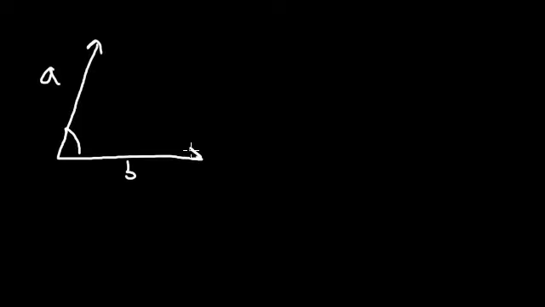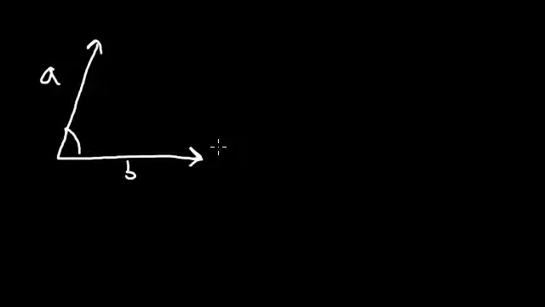Now, to find the resultant vector for two vectors that are at an angle to each other, for instance, let's assume this is the first vector, vector A, and the second one, vector B. To find the resultant magnitude, we are going to use a law called the parallelogram law of vectors.